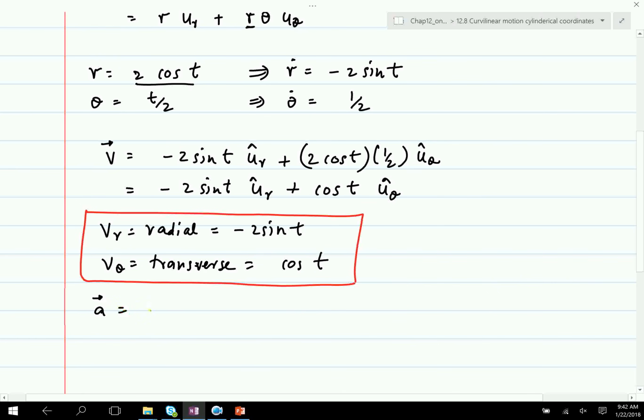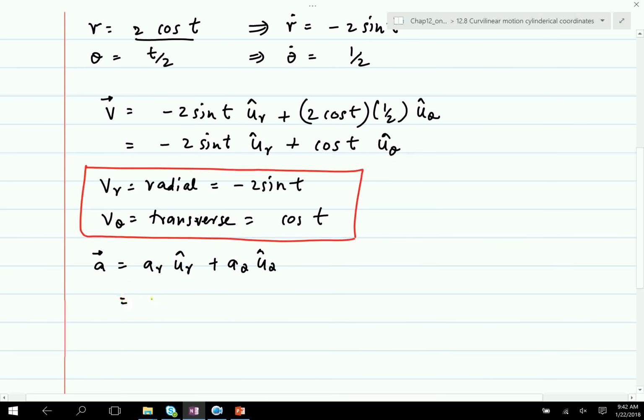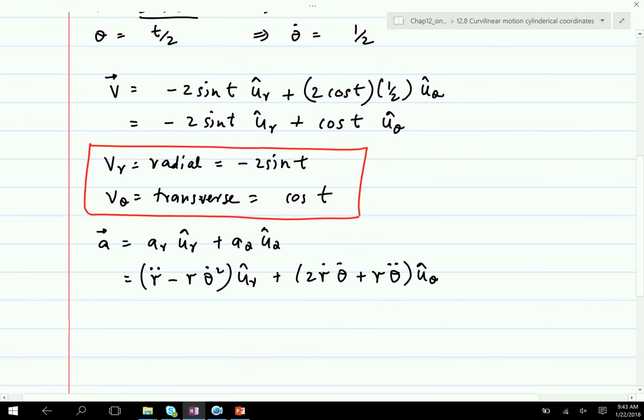So the acceleration is again ar ur plus a theta u theta. Ar is r double dot minus r theta dot square, ur, plus a theta is 2 r dot theta dot plus r theta double dot, u theta. Okay, so here, besides the first derivative, we need to know the second derivative of r and theta.